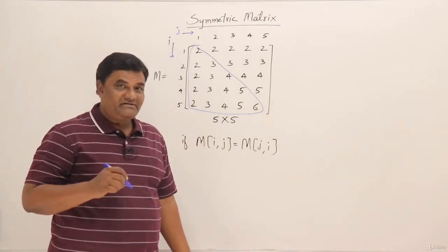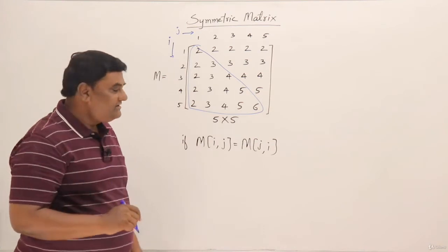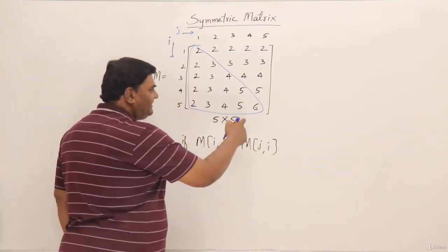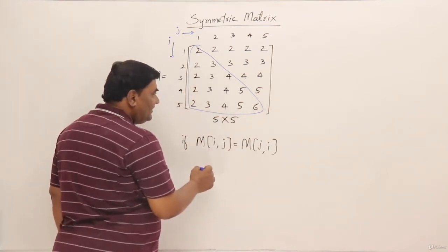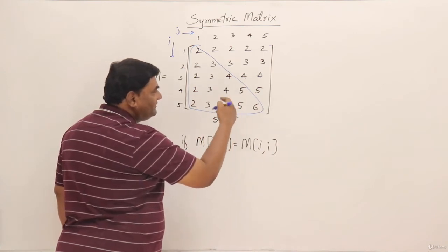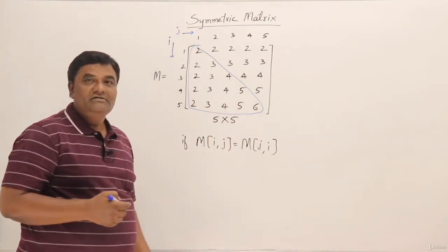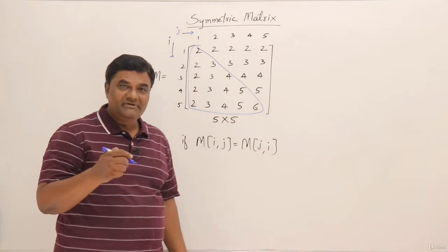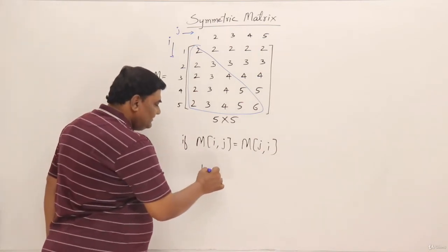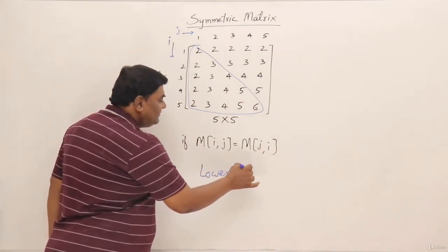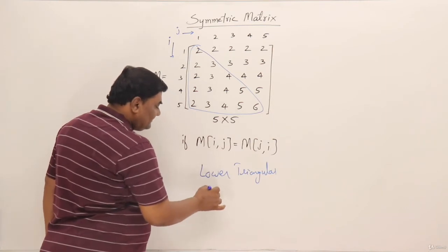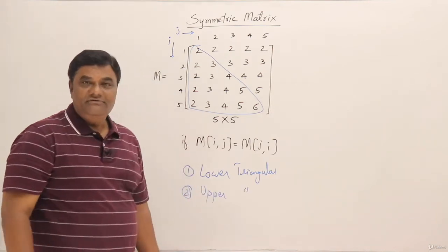Then how can we represent this matrix? We can represent it either by taking just the lower triangular part, or I can store only the upper triangular part. So a symmetric matrix can be represented as either lower triangular or upper triangular. Either of these two can be followed.